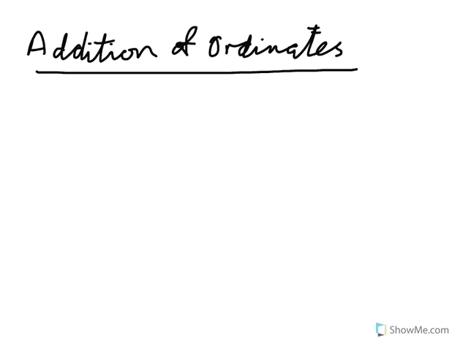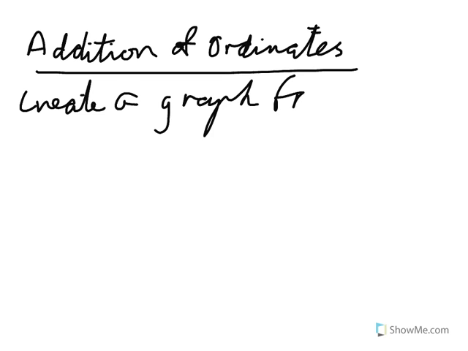So the first one there is addition of ordinates. This allows us to create a graph by combining others.